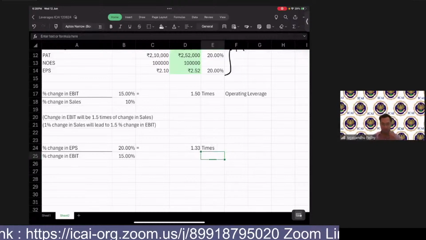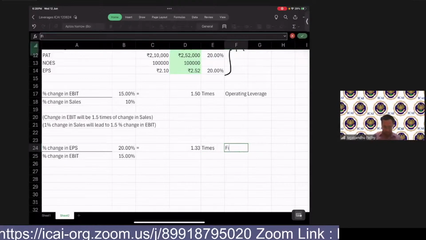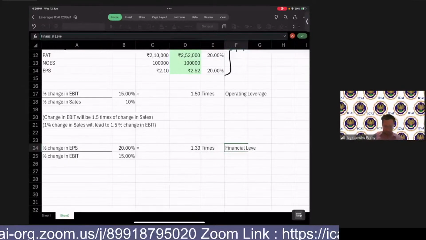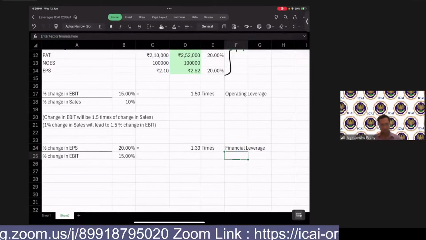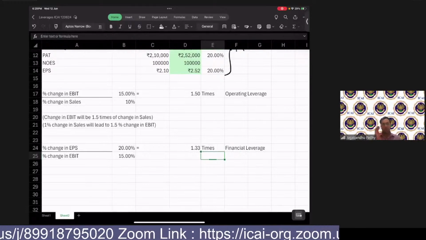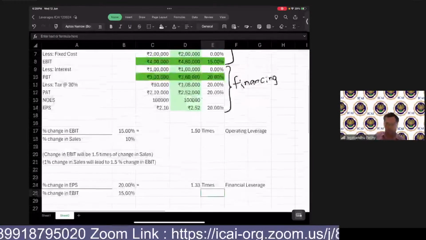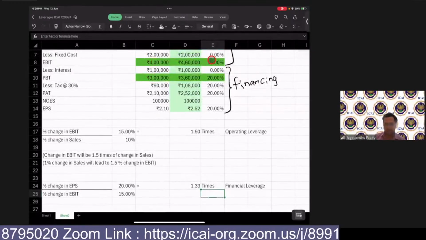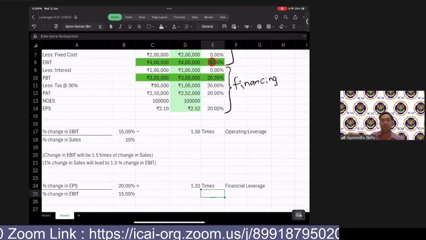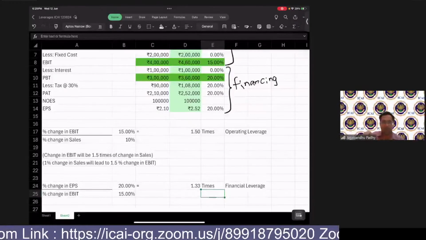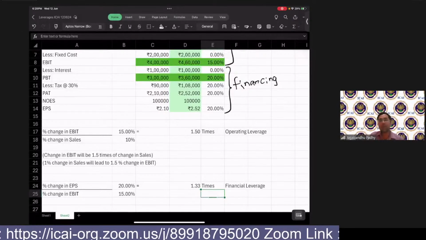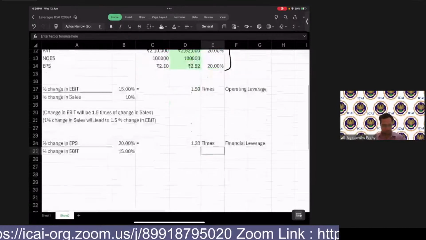This is what we call financial leverage. What's the interpretation of this number? If your earnings before interest and tax change by 1%, EPS, in fact your profit before tax and profit after tax, are going to change by 1.33%.